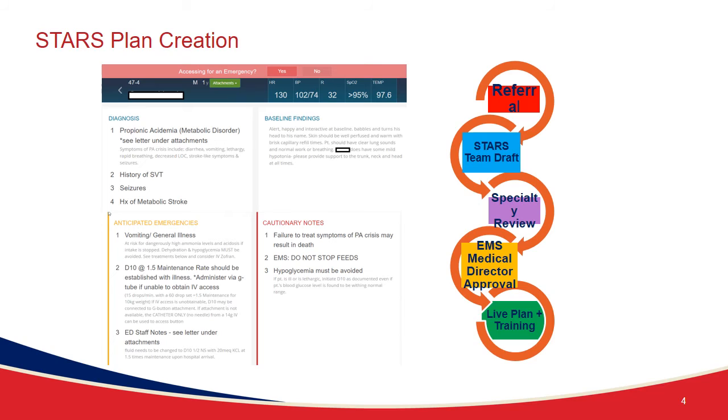Sometimes for the kids with the really crazy plans, such as the propionic acidemia plan you see here, we have to go straight to the genetic specialist or the neurologist and ask them what specifically they want done for those kids.